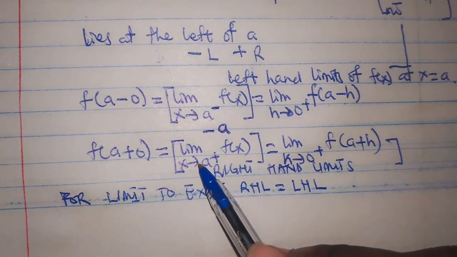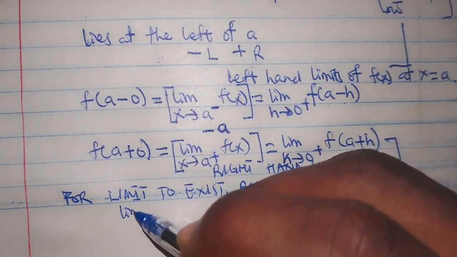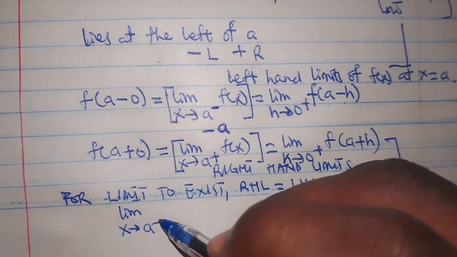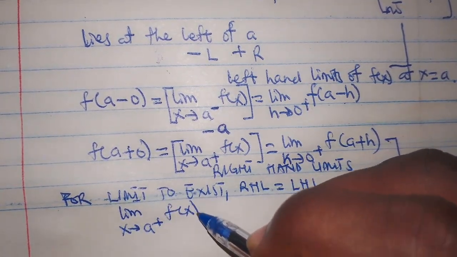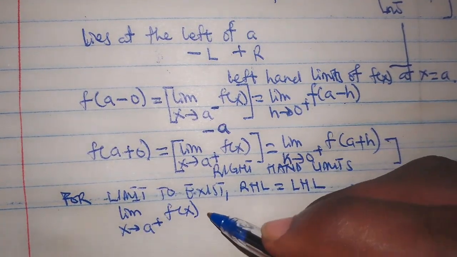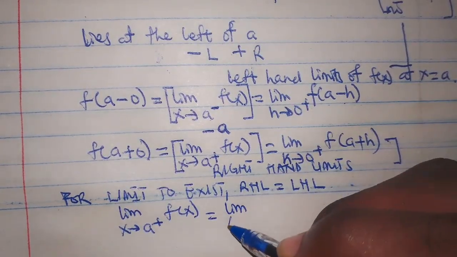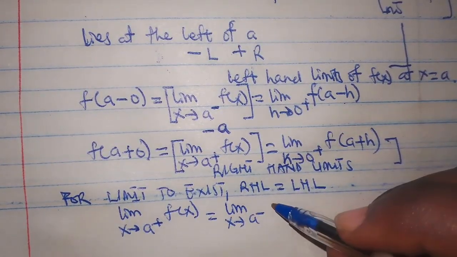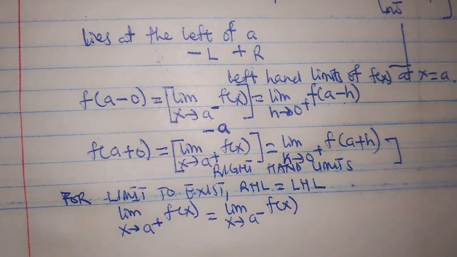So the right hand limit must be equal to what? The left hand limit. Now I told you this is the actual way of writing it. So we have limit as x approaches positive a of f of x is equal to limit as x approaches negative a of f of x.